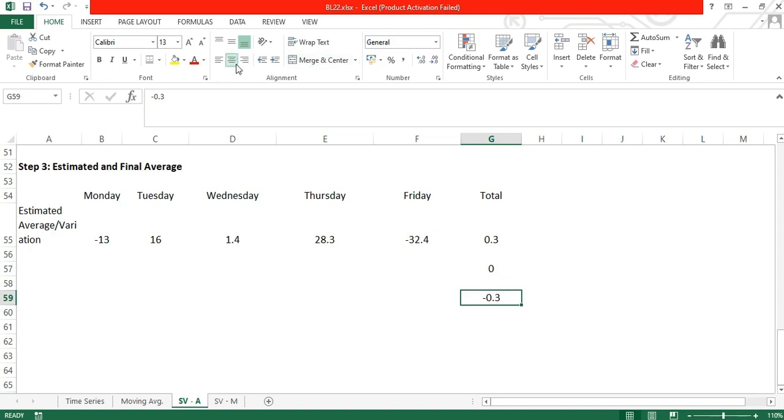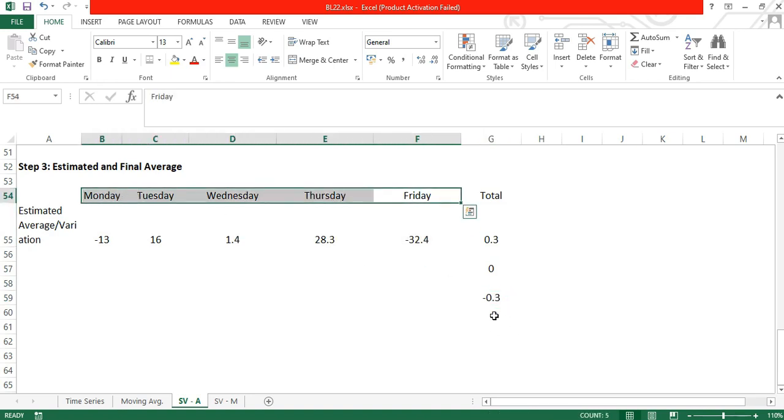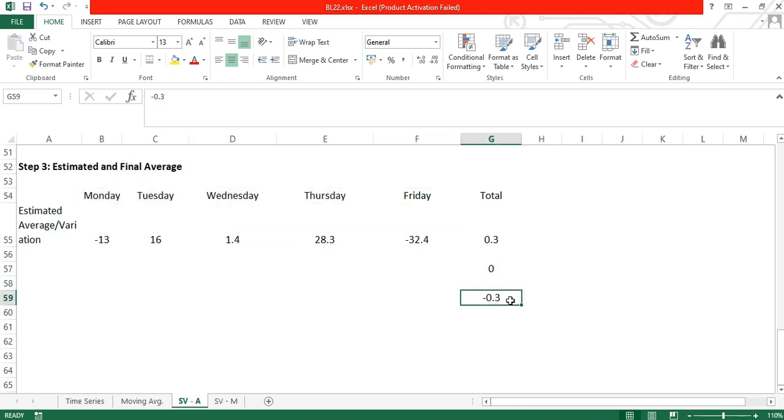Then only 0 plus 0.3 minus 0.3 will give the answer 0. For total of 5 days, it should be minus 0.3. Then per day, if you divide by 5 days, it should deduct by 0.06.